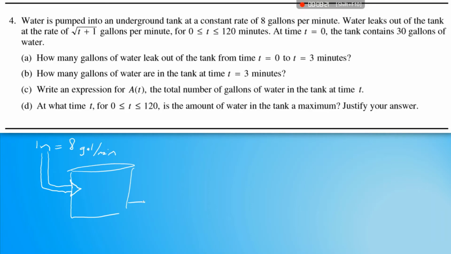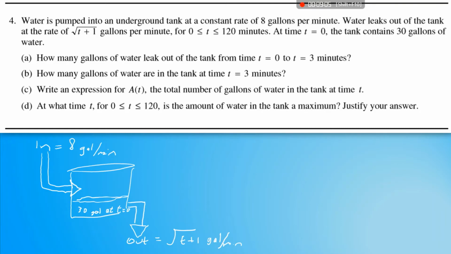And then water's leaking out at a rate of root t plus 1 gallons per minute. Okay, at t equals 0, we already have 30 gallons of water. Okay, any questions on what's happening, just as far as English goes?